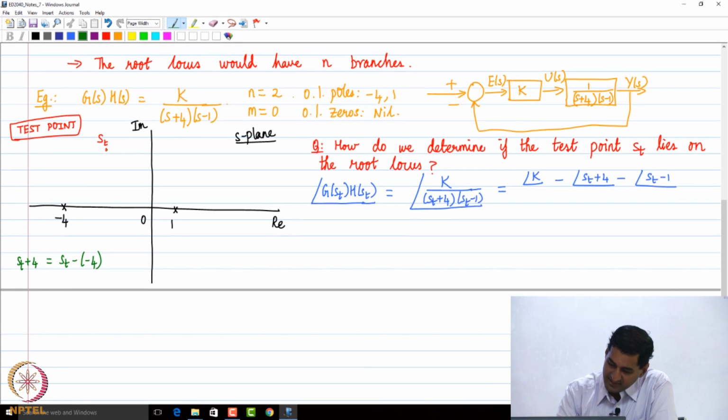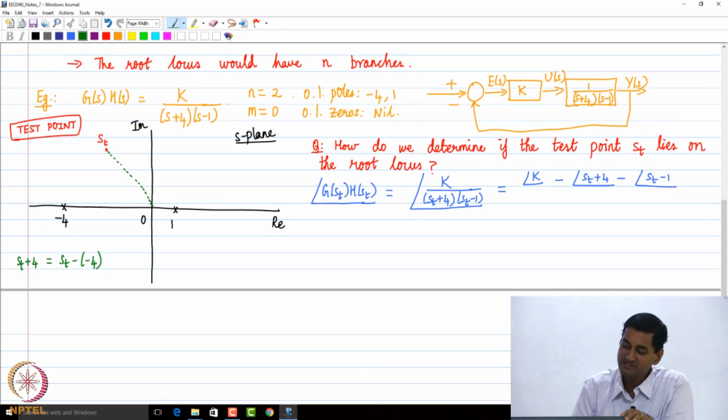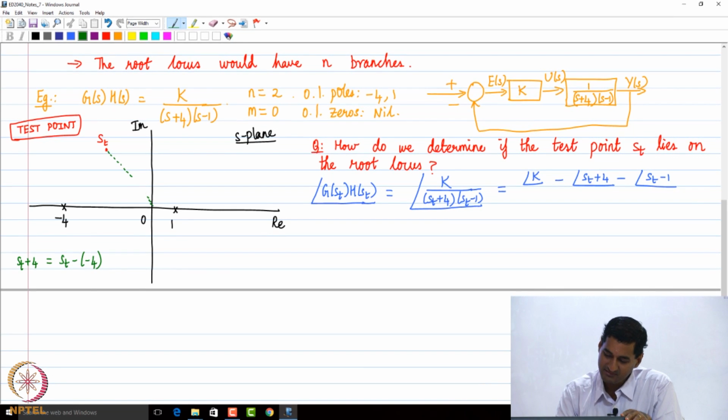The vector st is going to be, oops, let me try to draw a straight line. Okay, it's not very straight, but you get the point. So it is going to be from the origin to st.